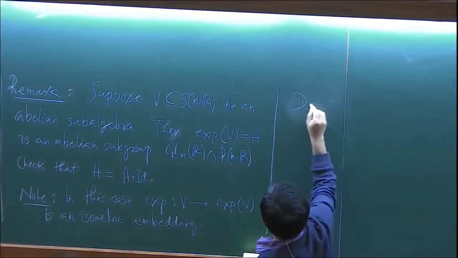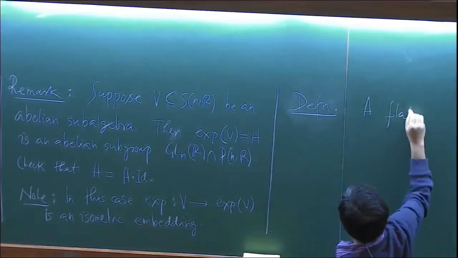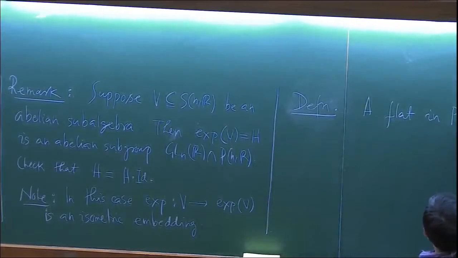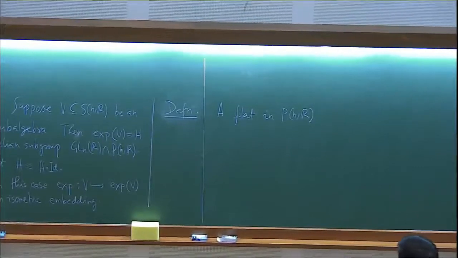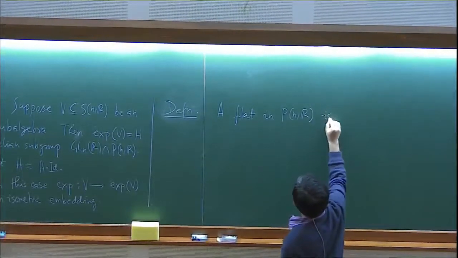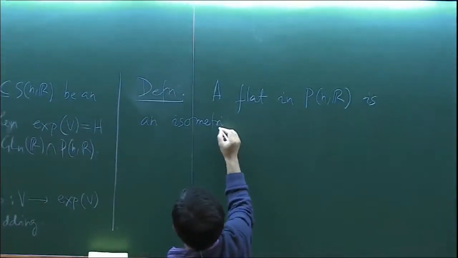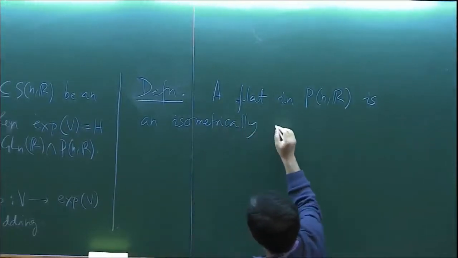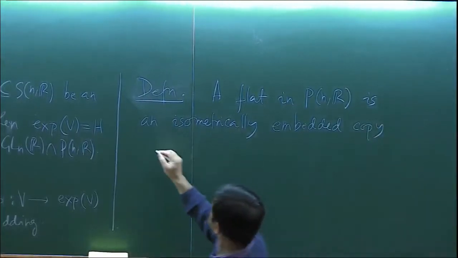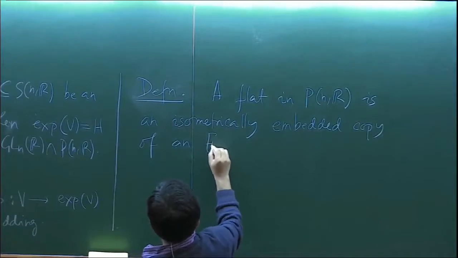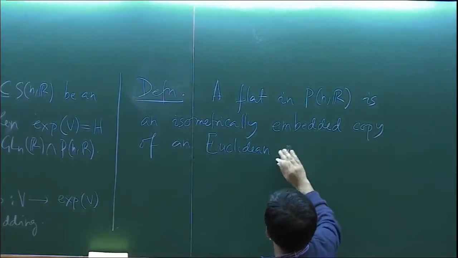So here is a definition. A flat in P_n(R), or more generally in any symmetric space of non-compact type, is an isometrically embedded copy of an n-dimensional Euclidean space.